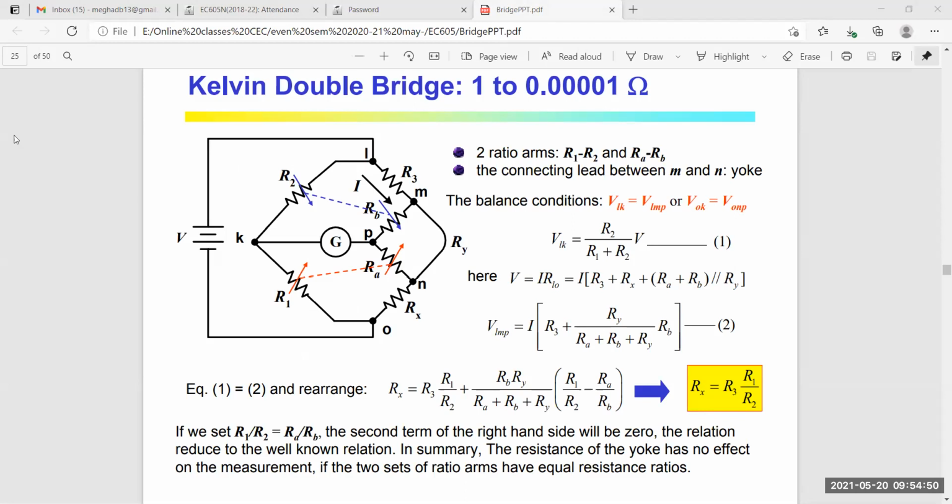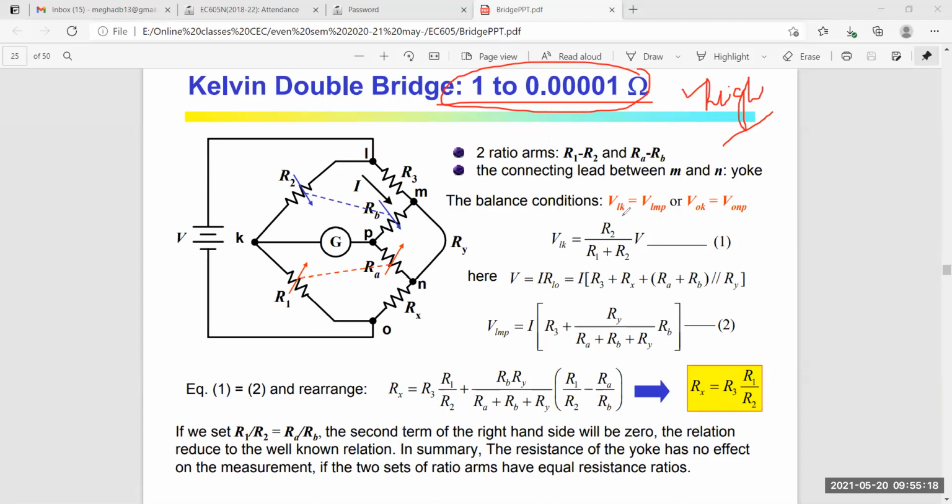I told you that this Kelvin double bridge is helpful in calculating this range, you can see here, 1 to 0.00001 ohm, with high accuracy. So Kelvin can measure this amount of resistance with very high accuracy. It's a very helpful thing.